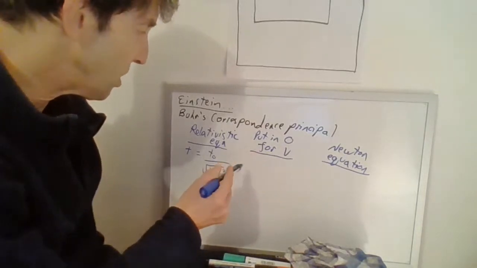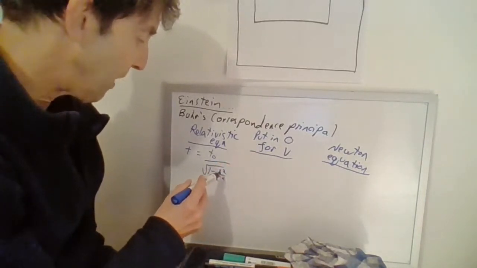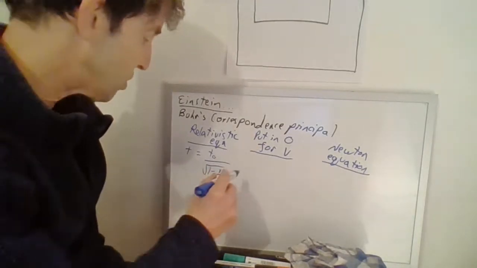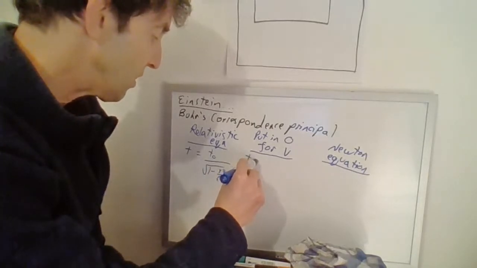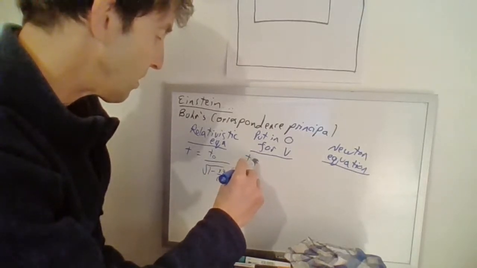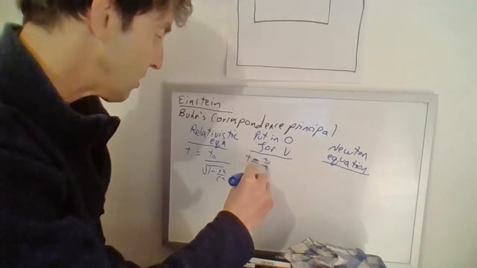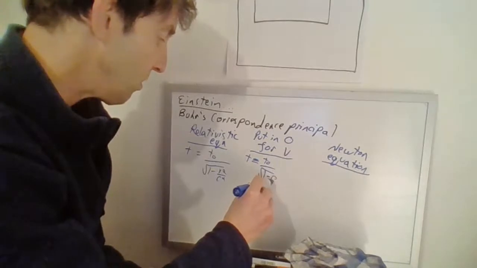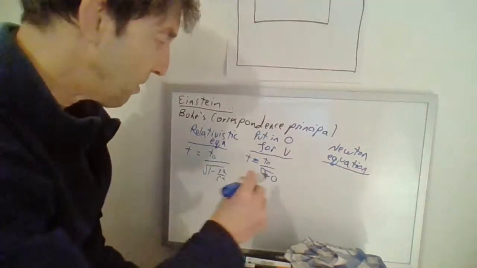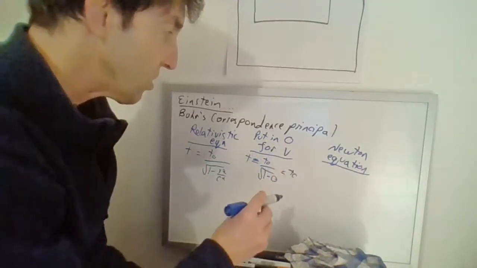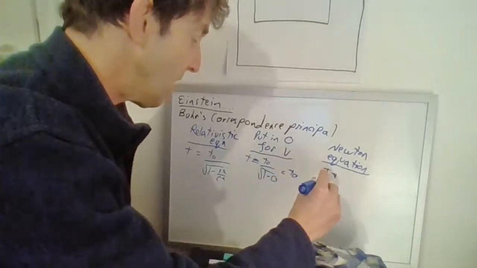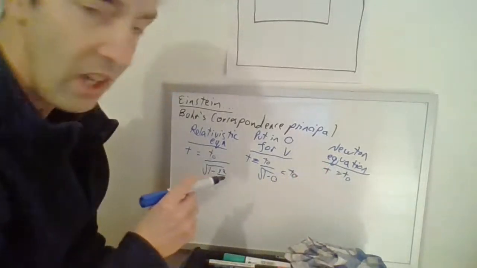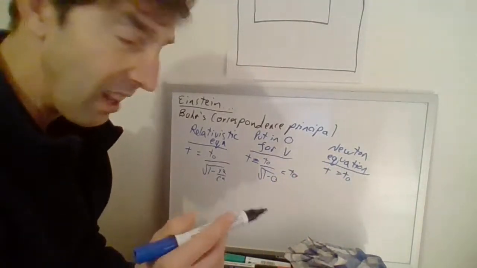So we're going to put in 0 for v, so I get t equals t0 divided by square root of 1 minus 0. And it comes out to just being t0. So Newton would say, yeah, t is just the same as t0. So if you're in low speeds, the times agree with each other. I think we got that last time.